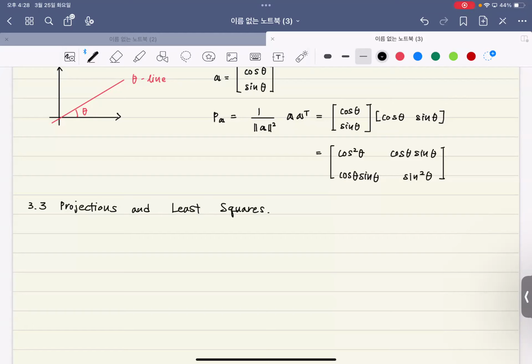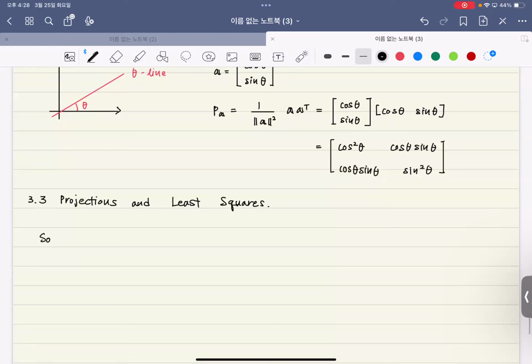And the best point to start our discussion is again solving a system of linear equations, especially an over-determined system. So what was an over-determined system?